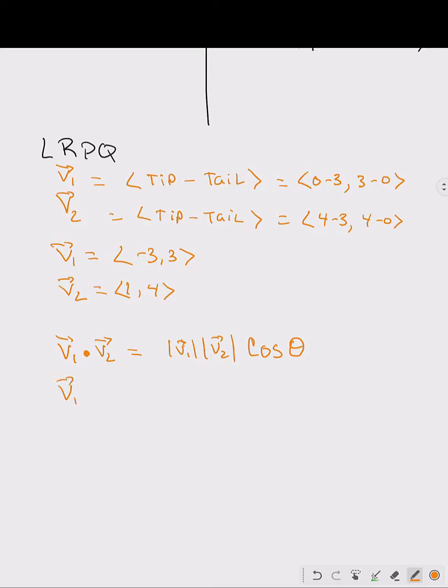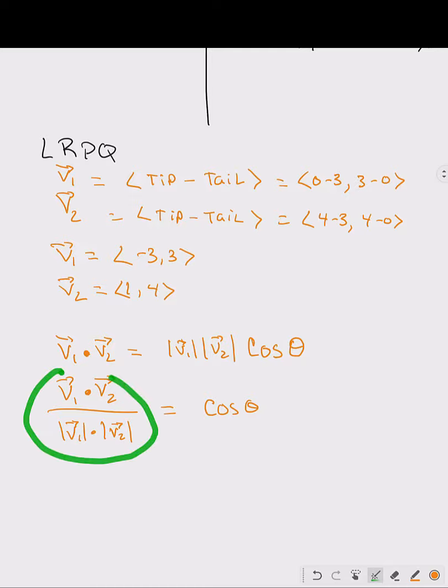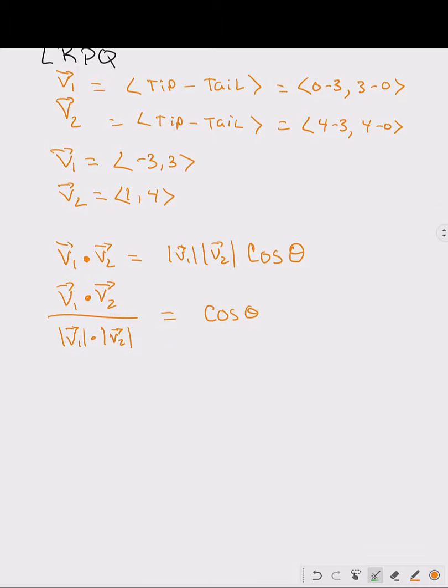Solving for cosine, we get V1 dot V2 divided by the length of V1 times the length of V2, and that's equal to the cosine of theta. So we can use the arc cosine property, and after we find this number, we will have theta.